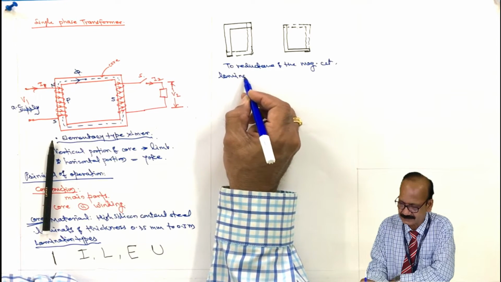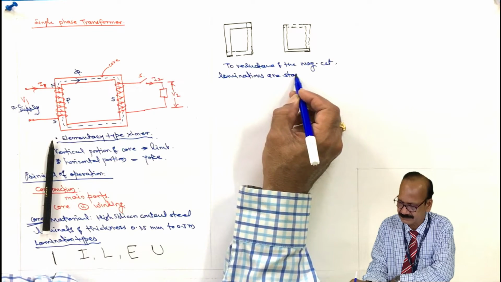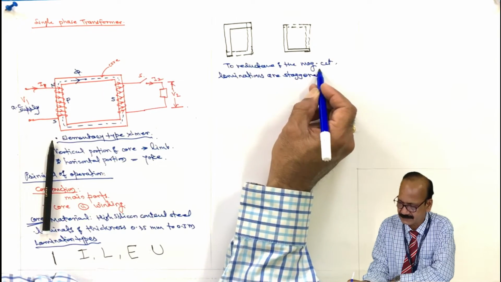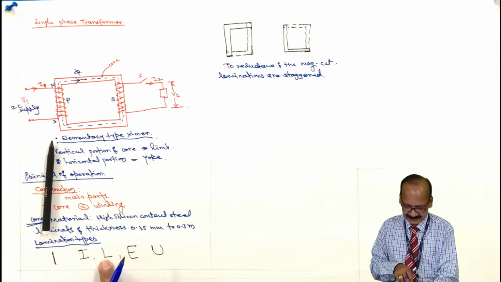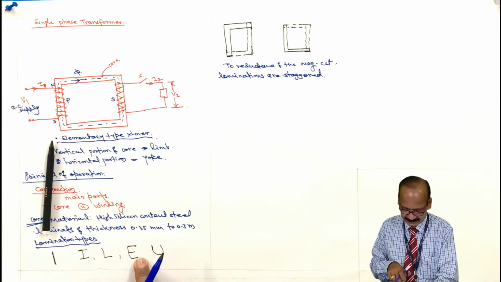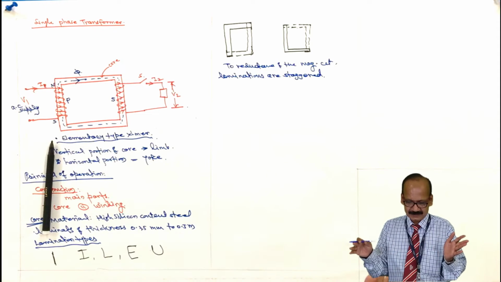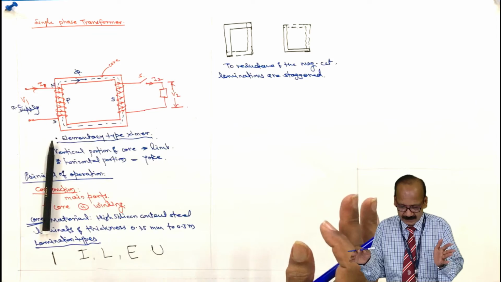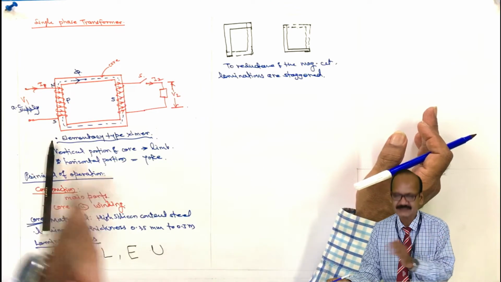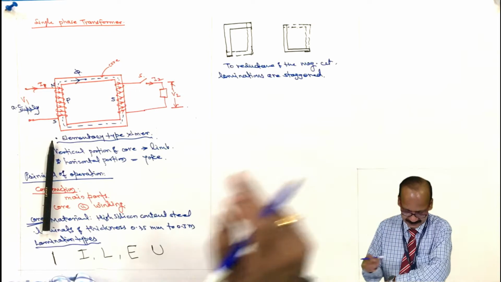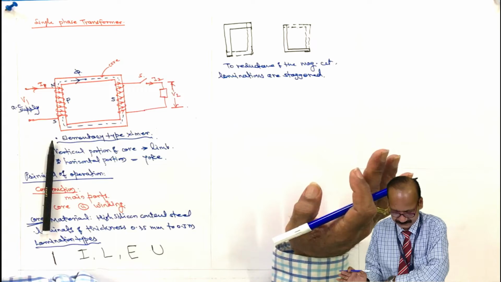So this may be made up of I sections, L sections, E sections or U sections. The high silicon content material is used to reduce the hysteresis losses, and the laminations are used to reduce the eddy current losses.